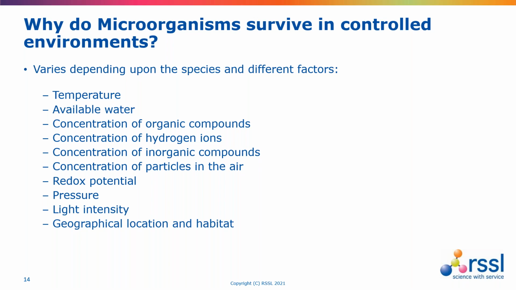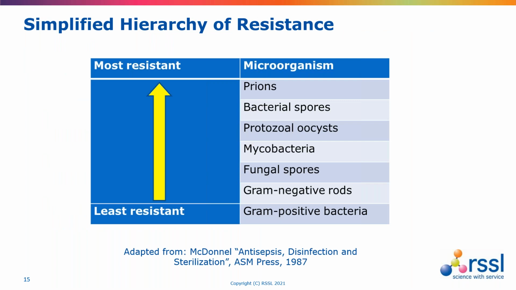They can also shift organisms from states that would naturally be viable into either viable but non-culturable, or allow those bacteria that can form endospores to enter the spore state, or allow fungi to be in an at-rest state. So there's a number of different factors that can mean different clean rooms are slightly different. It also stands that some organisms are more resistant to disinfectants than others.